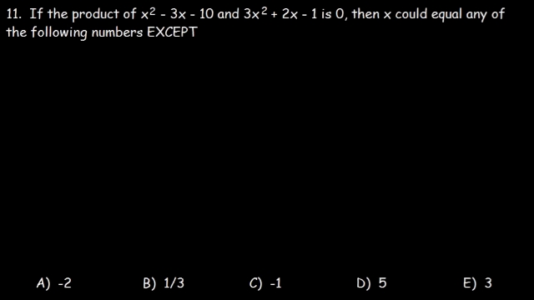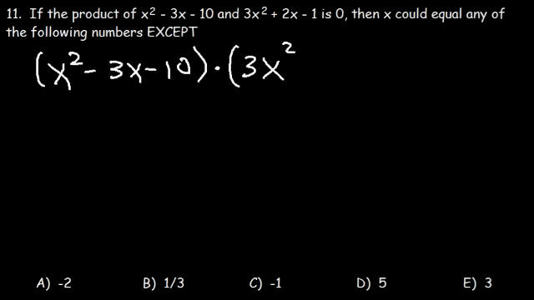So first, let's convert the sentence into an equation. The product of x squared minus 3x minus 10, product means multiplication, and we're going to multiply this by 3x squared plus 2x minus 1. The product of these two expressions is equal to 0.